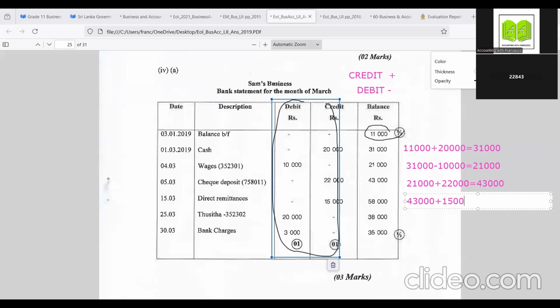Plus. So I am getting 58,000. 20,000 minus. I am getting 38,000. Finally, 38,000 minus 3,000. I am getting 35,000.